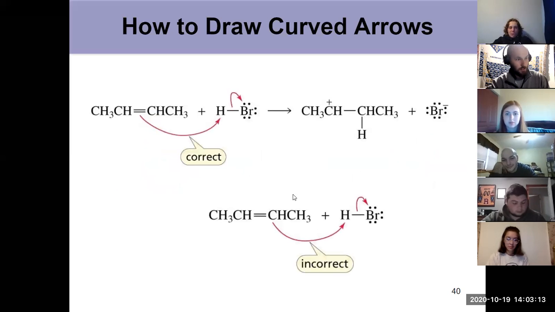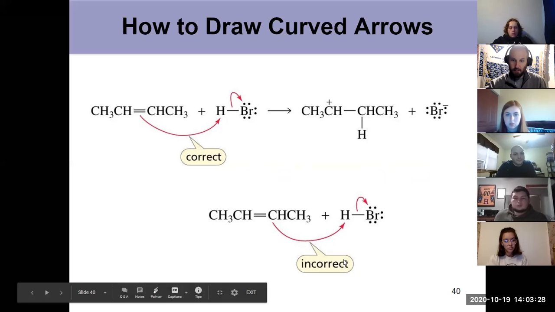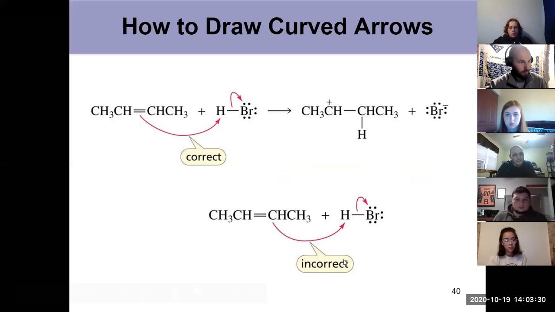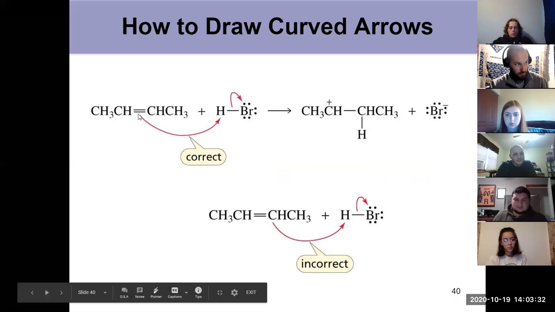Okay. What's going on down here? This is where it's key to be precise. Right? This is something that'll be on the take-home portion of the next exam, drawing stuff like this. Look at the subtle difference here. But the top is correct and the bottom is incorrect. This is almost like a game of Where's Waldo, right? This is correct because it starts at electron density in the pi bond.